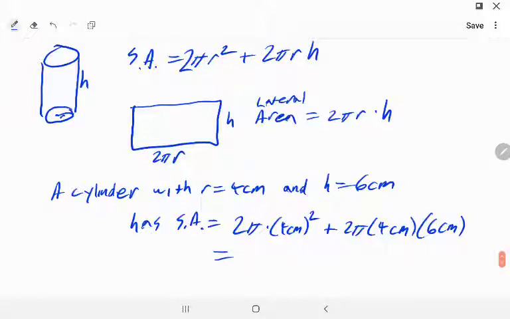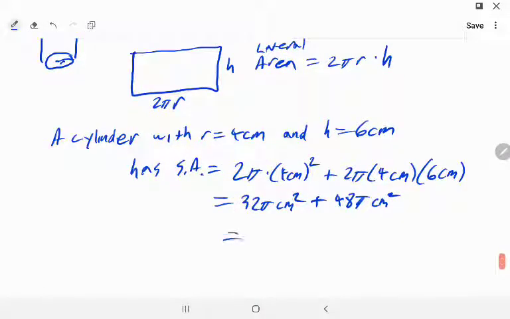And so we end up getting 32 pi square centimeters, plus 48 pi square centimeters, and so we get 80 pi square centimeters. And then you notice that if you multiply 80 by pi, you end up getting a little over 240 square centimeters.